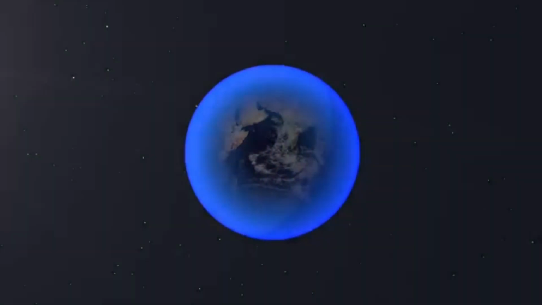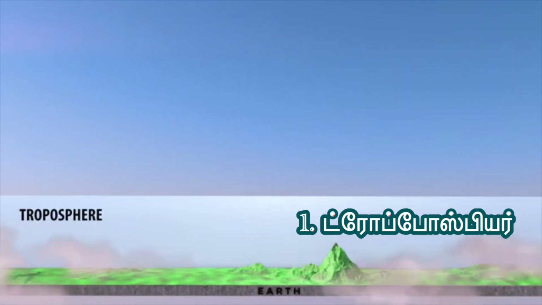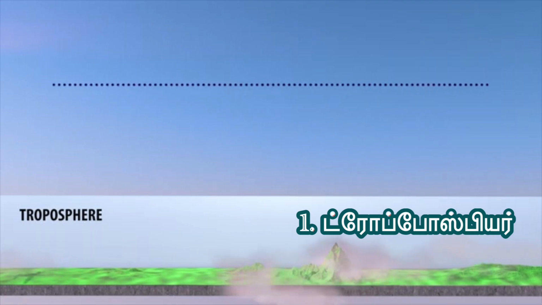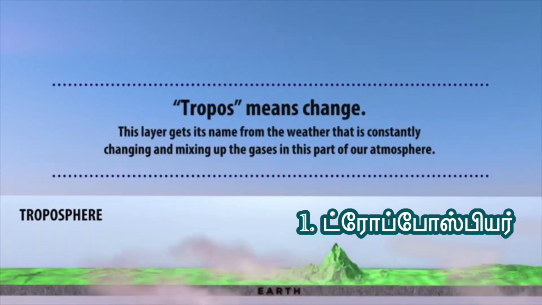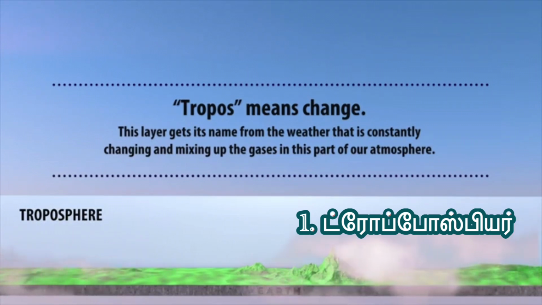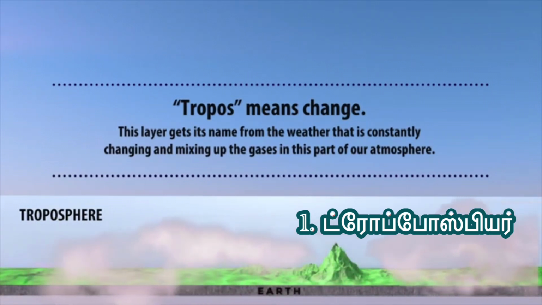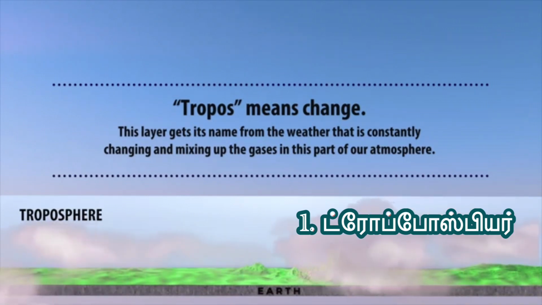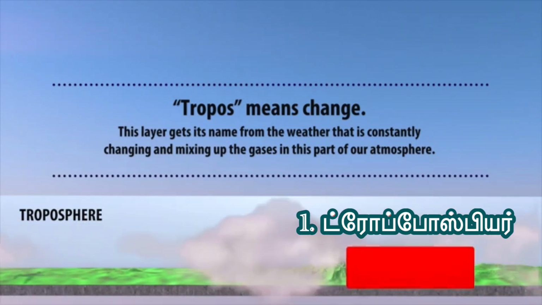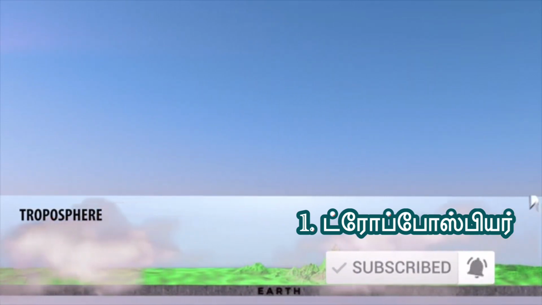Now we're going to see the first layer, that is the troposphere. That is the nearest atmospheric layer above Earth. So we'll see what the troposphere is and why people call it the troposphere. It means change is happening on this Earth. You can see the fog, and we can observe the rain.